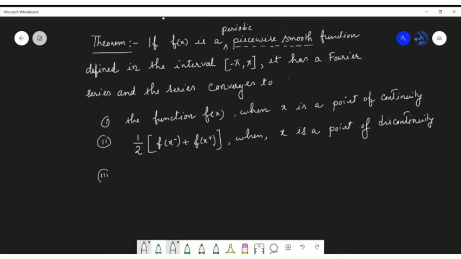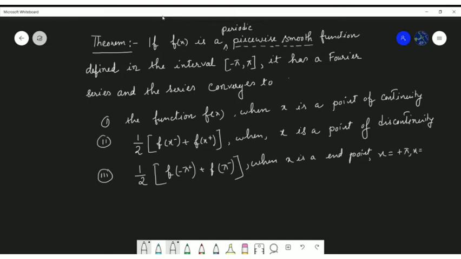Okay, then another point is there too. It converges to this value when x is an end point, like x equal to pi or x equal to minus pi. So what is this?